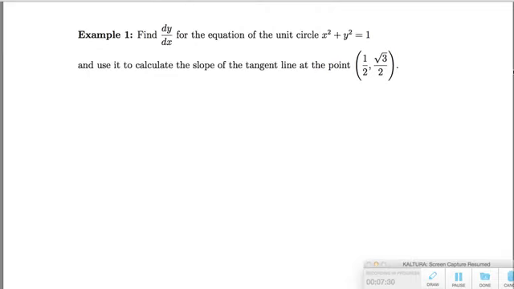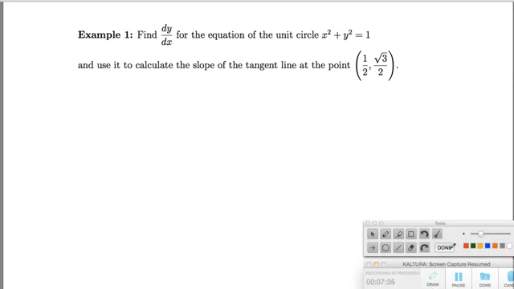So recall, slope of the tangent line is the derivative. So what do we need to do here? Well, we need to take a derivative. Now, since our original function is difficult to solve for y, the best thing we can do is use implicit differentiation.